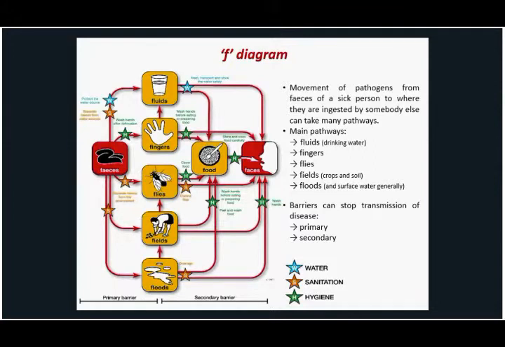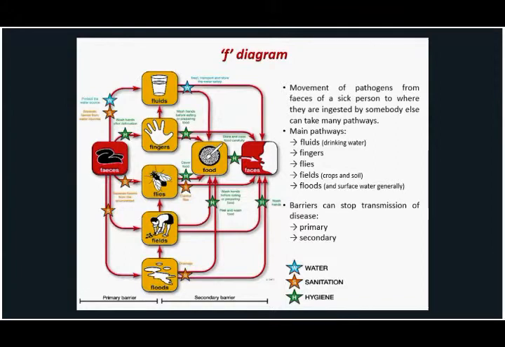And let's take also a moment for the F diagrams. Some of you might have seen this in the first webinar.